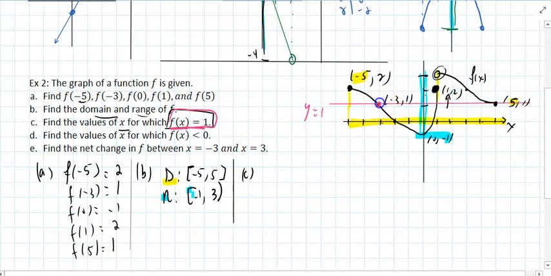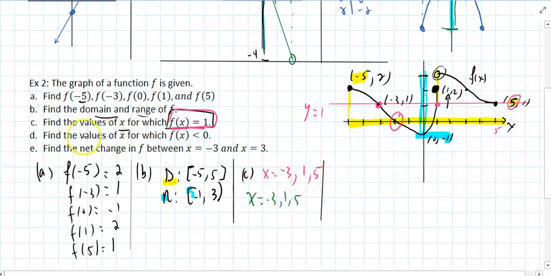Basically, I'm asking what are the x values. X would be negative 3. X would be 1. And x would be 5. So in case somebody has a hard time seeing these colors, negative 3, 1, and 5.